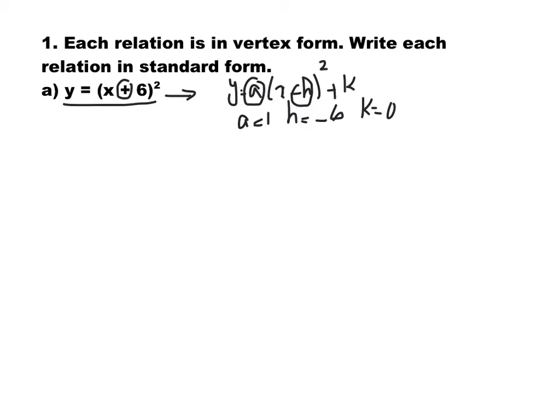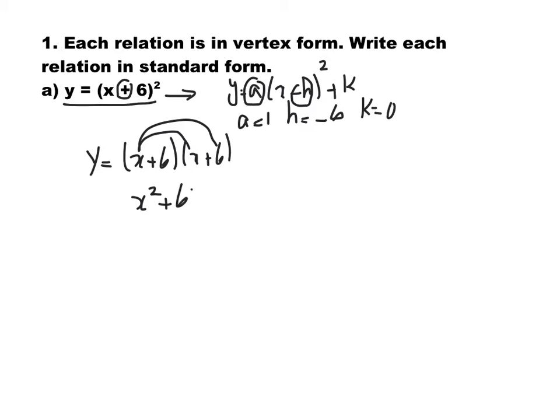Now, to change the vertex form to standard form, I just use what I learned last lesson. So I'm going to write this one as (x plus 6) times (x plus 6). Again, I multiply the first term by every term in the second bracket, so x times x gives me x squared. X times 6 gives me 6x. Now the second term, 6 times x gives me 6x. 6 times 6 gives me 36.